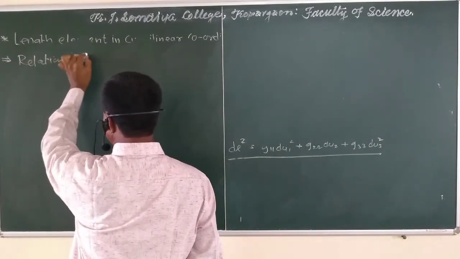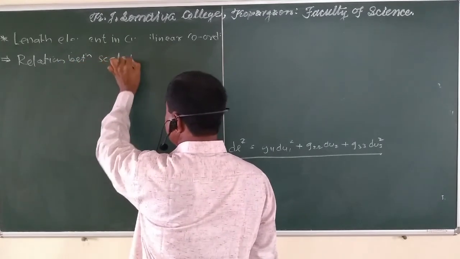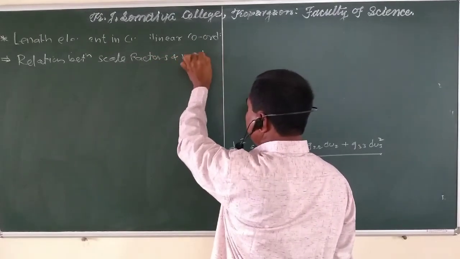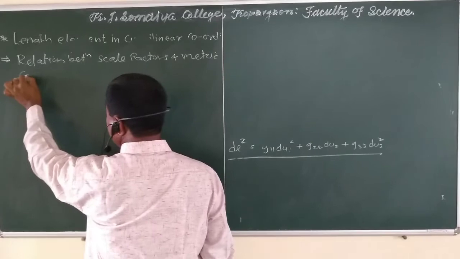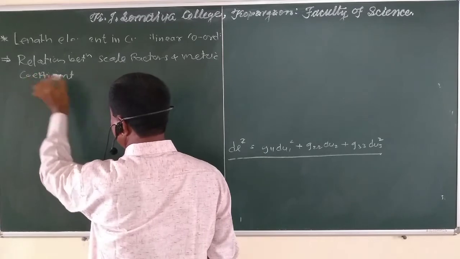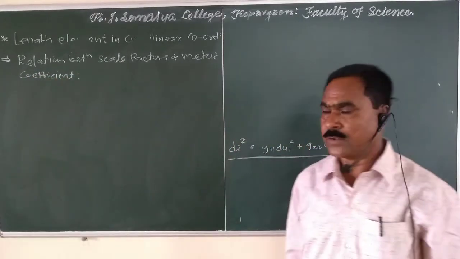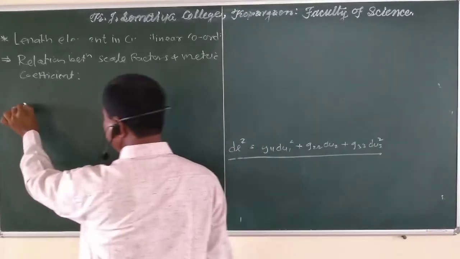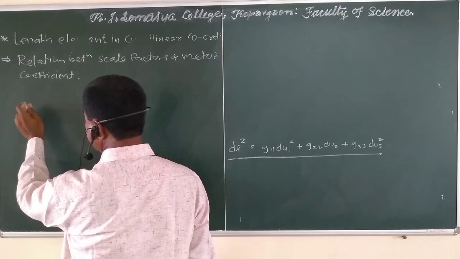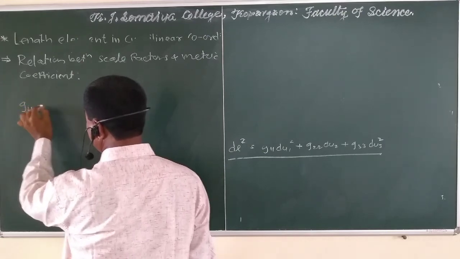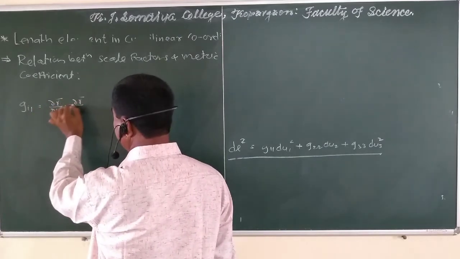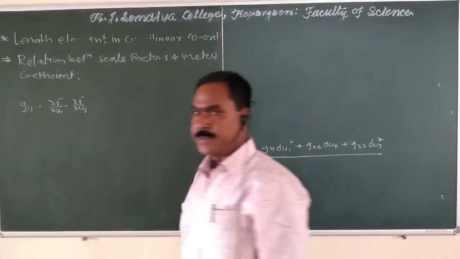You know that G ij equals the dot product of partial r bar by partial ui and partial r bar by partial uj.